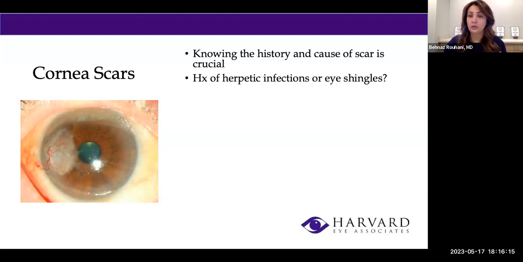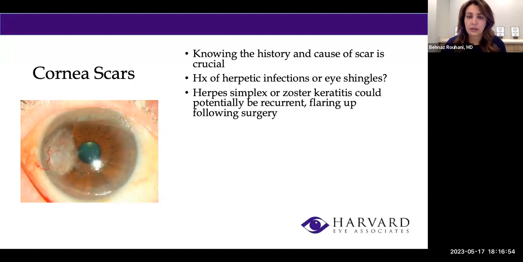History of shingles and herpetic infections is very, very important to know, because shingles virus and herpes virus are viruses that are never going to die. They go to a dormant, sleep stage, technically, and they wait for a stress or a lower immune system to wake them up. So knowing the history of those is very important. Sometimes the type of the scar will lead us towards suspecting such history in patients.